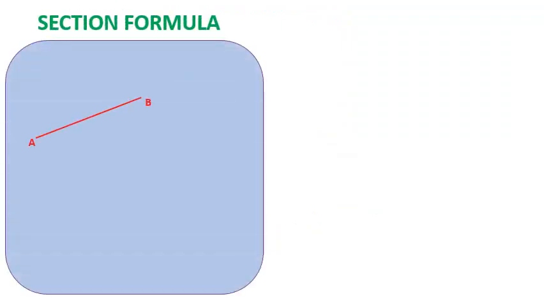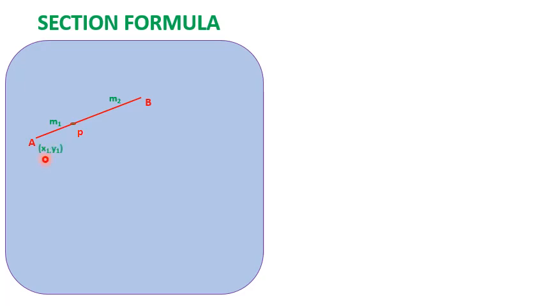Let's move on to the section formula. Consider a line segment AB and a point P in between A and B. Whenever the point P lies on the line AB, we can say that the point P is dividing line segment AB into two pieces. The first part is AP and the second part is PB. It means the point P divides AB in a ratio m1:m2.